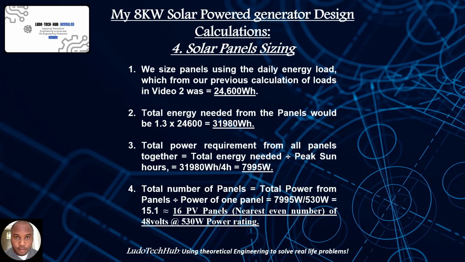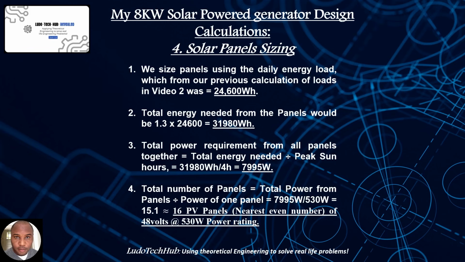So when we get to sizing our battery, we would also use a 48 volt battery, because if you're designing a 48 volt PV system, then all 3 major components have to be rated at 48 volts. That's why we selected 48 volts, and 530 watts power rating.